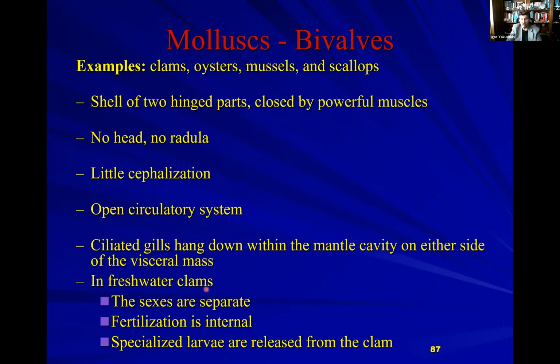Right now, if you are on a boat, quite often it says, please do not spread the, I think it's zebra mussels, right?